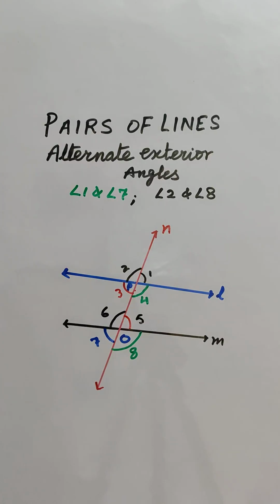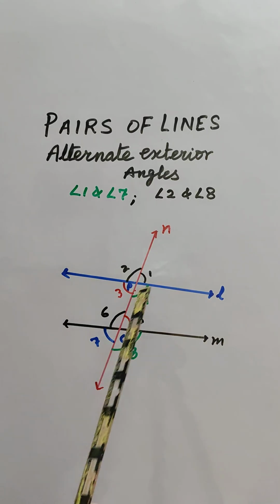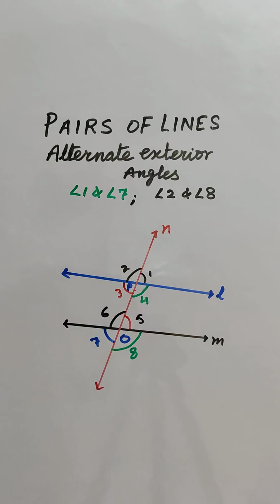Alternate exterior angles. A pair of angles in which one arm of each angle is on the opposite side of the transversal and the other arms are in opposite directions and do not include line segment PQ is called a pair of alternate exterior angles.